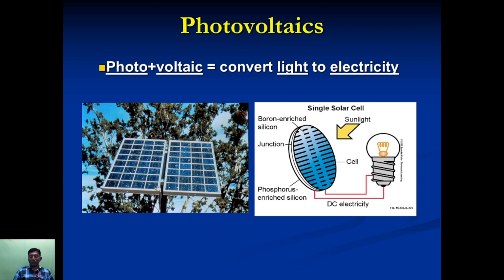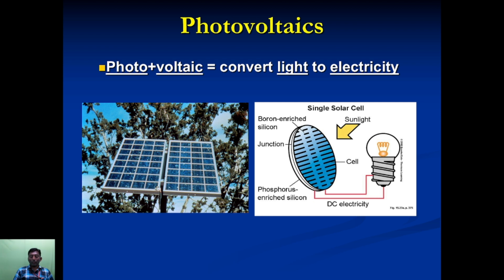The working principle is very simple. When the photon strikes the solar panel, the photon meaning the irradiation from the sun, the light energy from the sun strikes the boron enriched silicon layer of the solar panel. At that time the electron is activated and it will move.